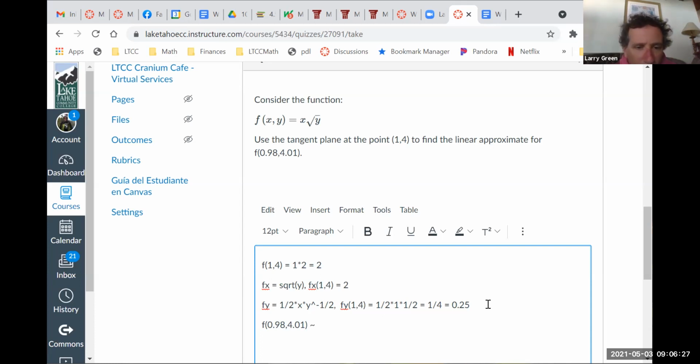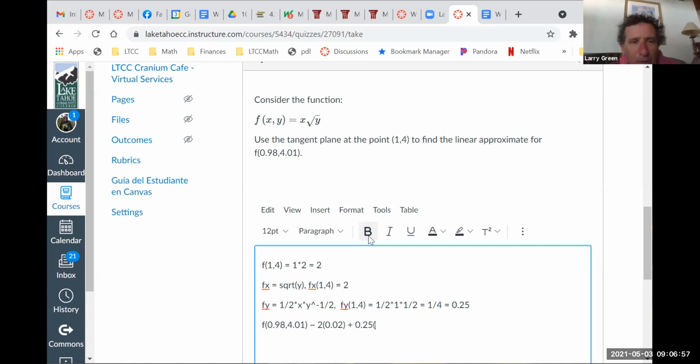Okay, so what we have is fx, which is 2. And then the whole point of the x minus x naught, if you take the 0.98 minus 1, you get negative 0.02. And then plus, and then fy was 0.25.